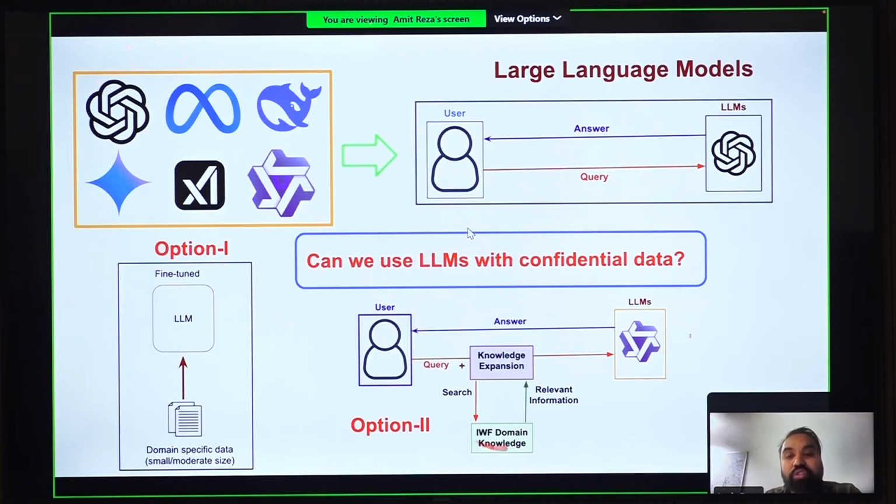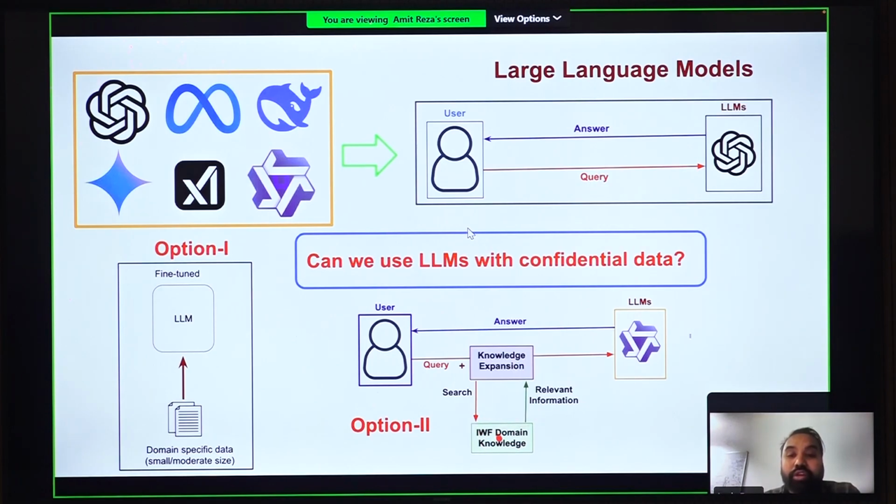Our institute has its own domain knowledge, and we try to integrate that domain knowledge with the model in a way that whenever the user makes a query, we can do a search based on our domain knowledge. That means if the query is related to some specific topic in our data, then the model should first go to this database and try to understand the context of the problem or the query.